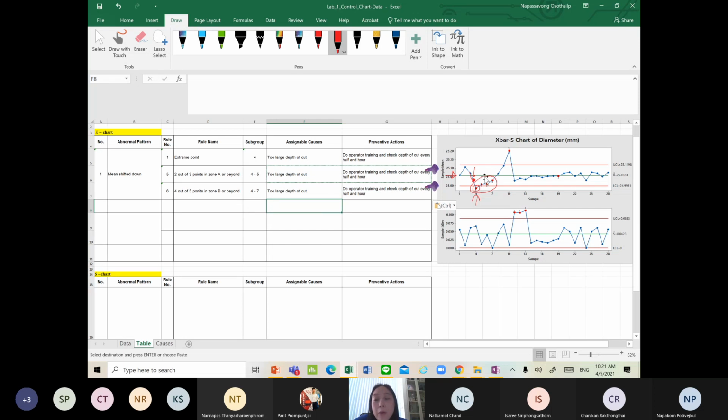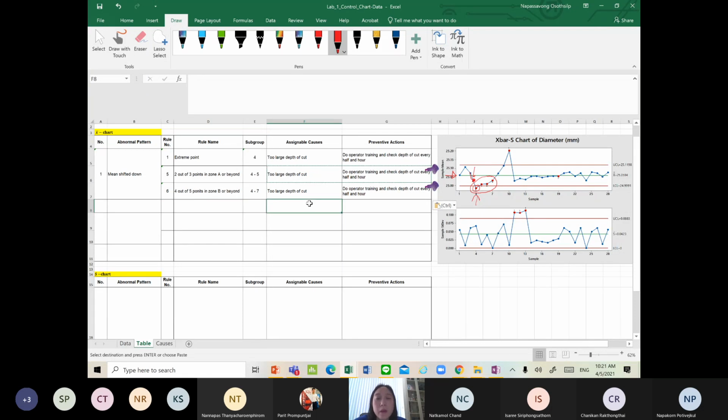The pattern that you see here, the mean shift down, is supported by 3 rules: the extreme point detected by subgroup number 4, rule number 3 detected by subgroup number 4 and 5, and rule 6 detected on subgroup number 4 to 7.